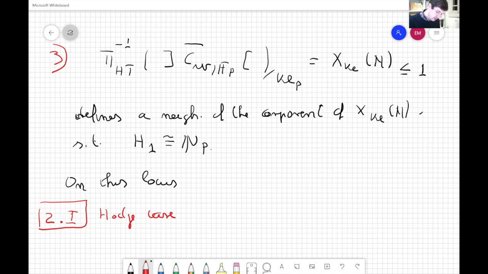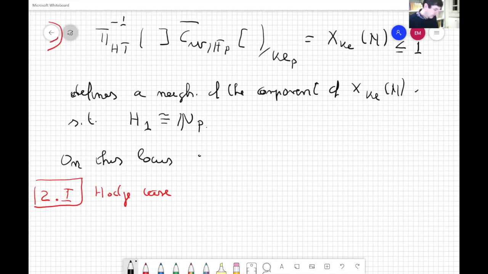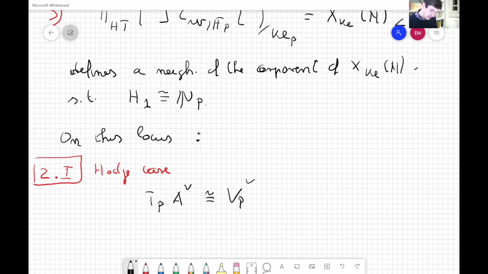So on this locus, what do we have? Well, via the Hodge-Tate map, so remember we have the Hodge-Tate map, okay? And this is actually isomorphic to, say, if you go to the perfectoid level, it's isomorphic to VP dual, and we have our comparison that goes to this new integral structure inside the differentials.